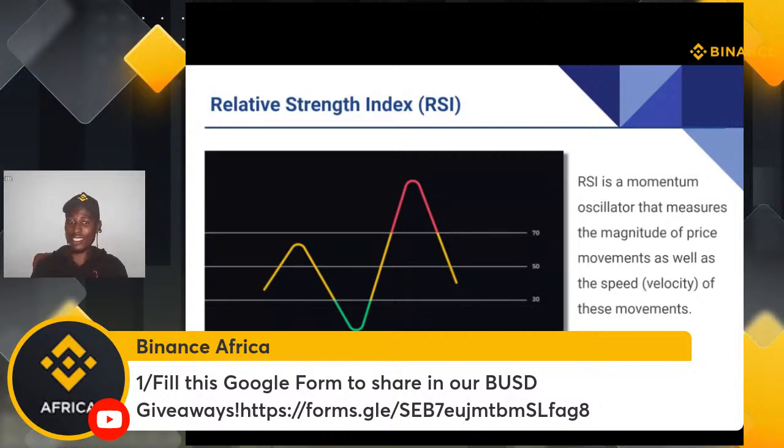Since RSI is a momentum indicator, it shows the rate at which the price is changing. So the momentum is what it shows you. This means that if momentum is increasing while the price is rising, then the uptrend is a strong one.